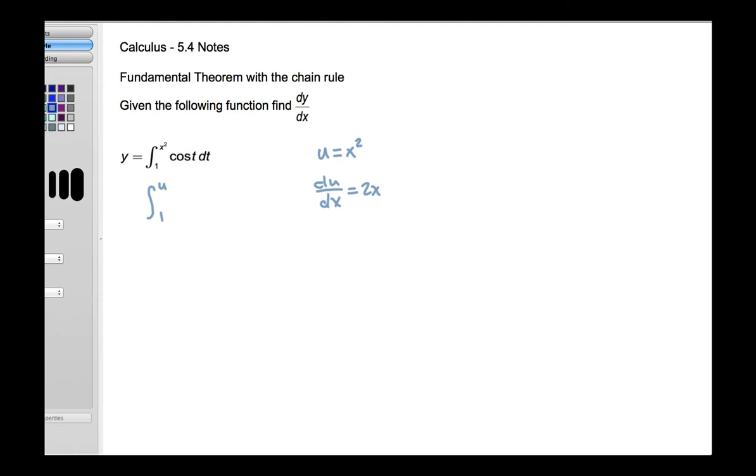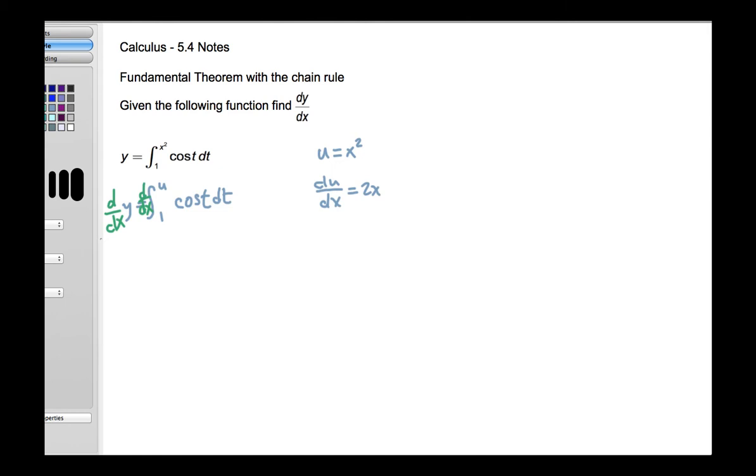And so if I'm trying to find the derivative of the integral of cosine t dt, and I take the derivative on both sides, so I do my d dx on both sides, then what's going to happen is I can't forget what I'm really doing now that I've substituted my u.